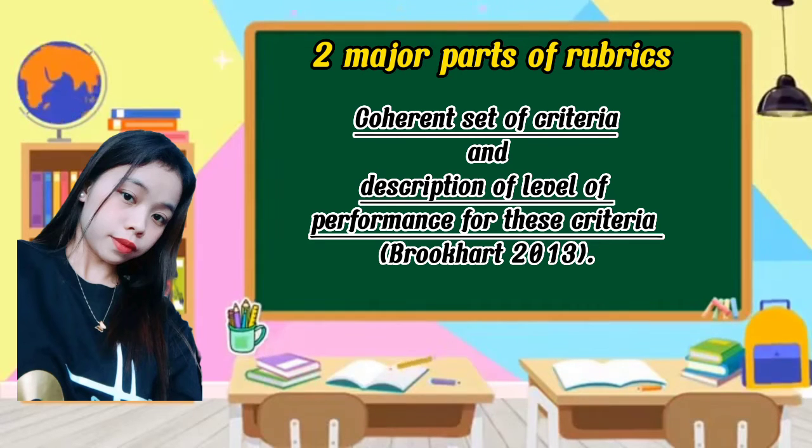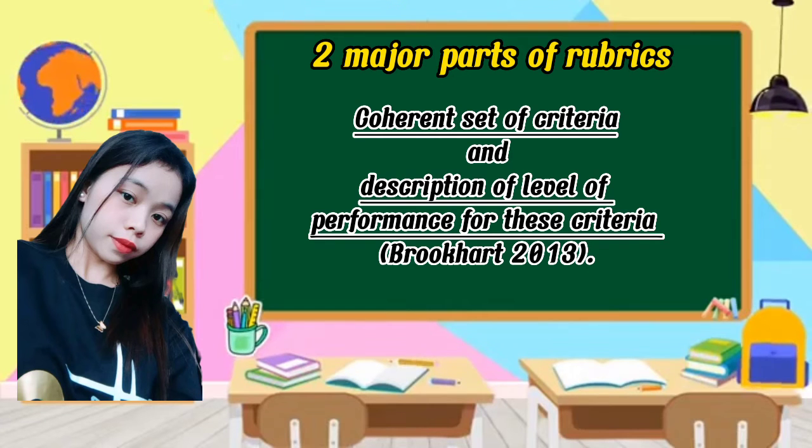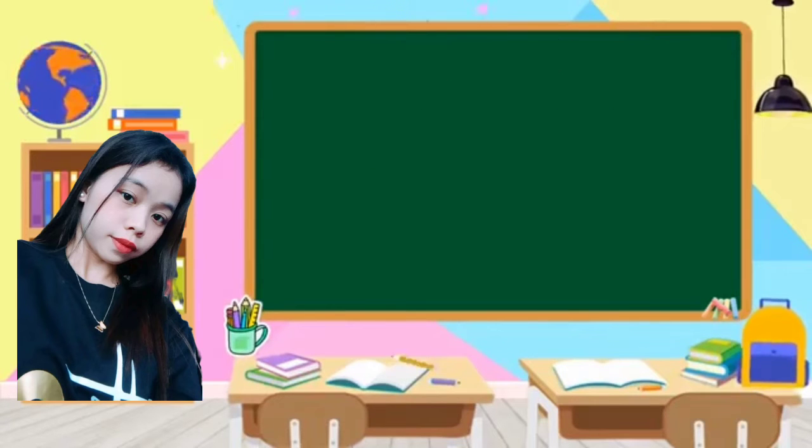Thus, rubrics are as good or bad as the criteria selected and the descriptions of the levels of performance under each. So, effective rubrics have appropriate criteria and well-written descriptions of performance.